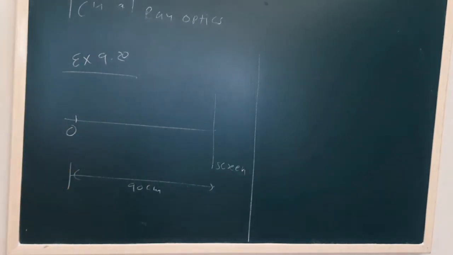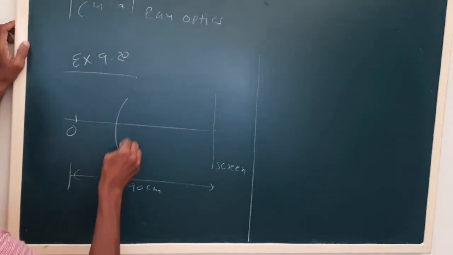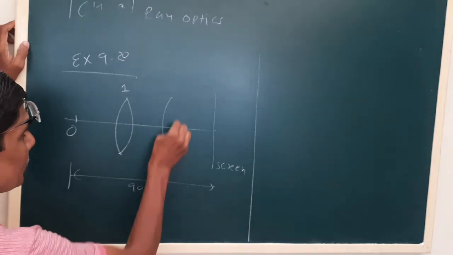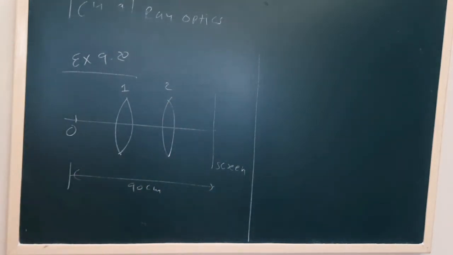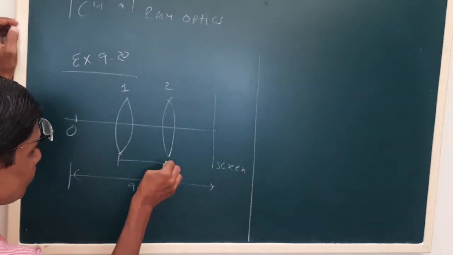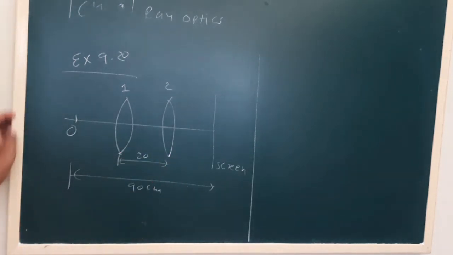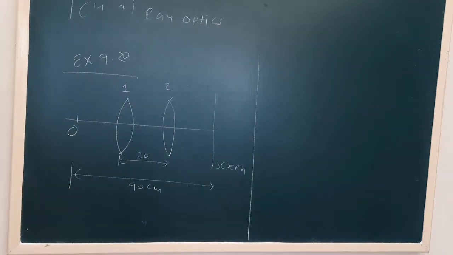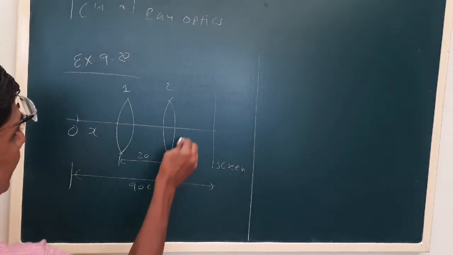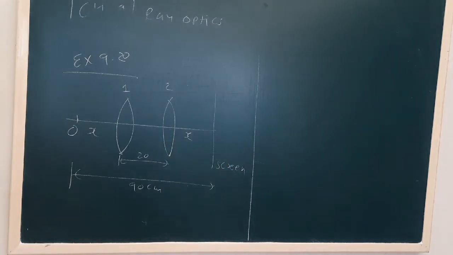Now the question says that with the lens at position 1 or 2, we get the image at the same position. Okay. Now see, the two different positions are located at a distance of 20 centimeter. Okay, so we have to calculate what the focal length should be. So let us say we take this as x and this also x. Why? Because the object distance position is changed.